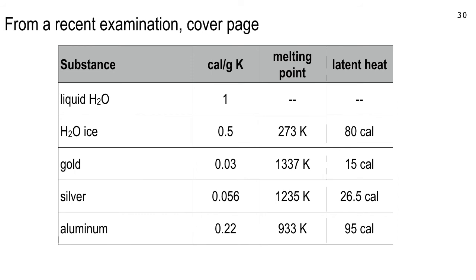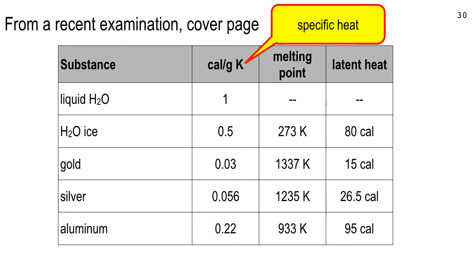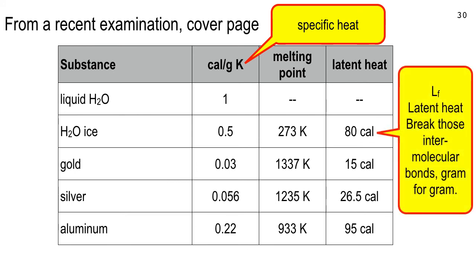And you can see on it that I have specific heat and I have the melting point. And then the fourth column is something called latent heat. Now, latent heat is what we call the amount of energy per gram to break the crystalline bonds or metallic bonds and let it form a liquid.